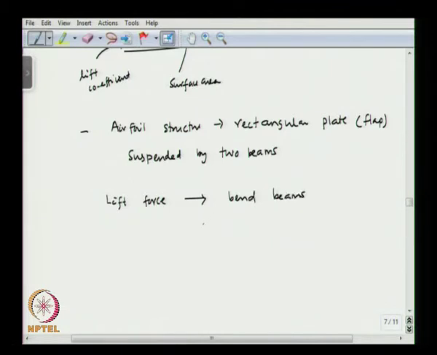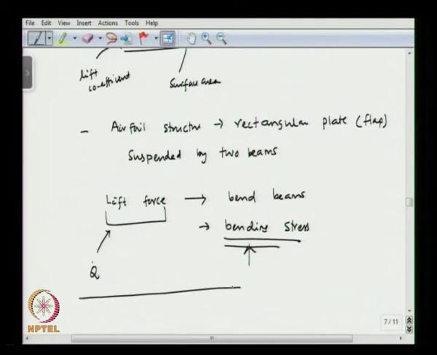So, what we can measure is the bending stress or torsional stress, and by measuring the stress we will be able to predict the lift force, which will be related to the flow rate. Okay. So, that is the principle of operation of the lift force flow sensor.